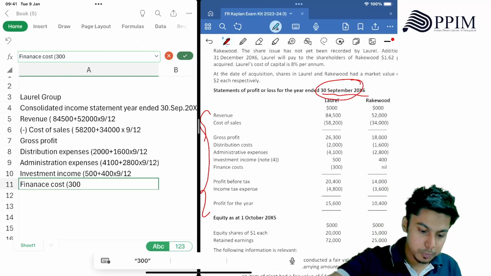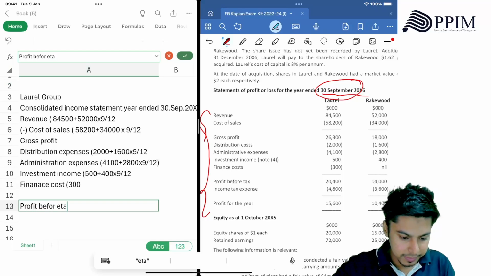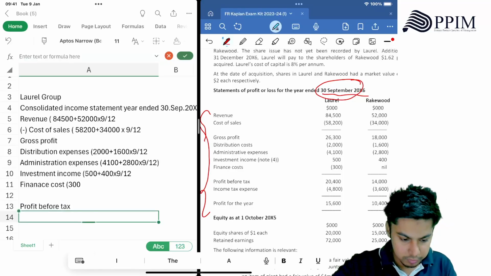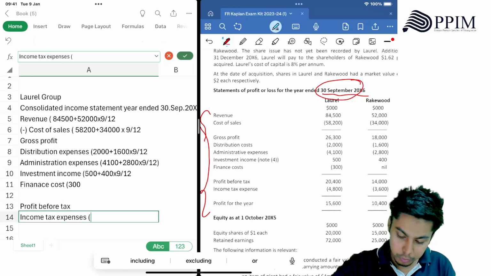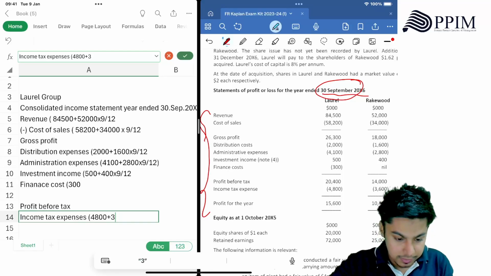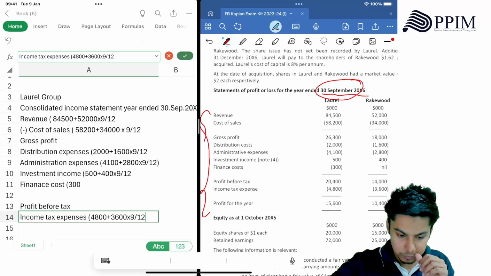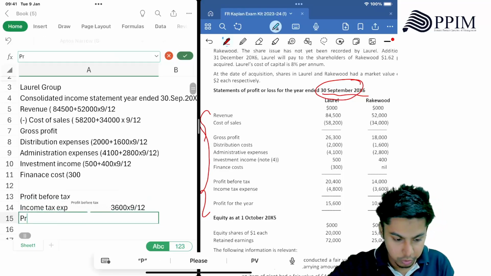That's it. Profit before tax, please don't copy. You have to calculate that in the exam. Next one, income tax. Mark that one: 4,800 plus 3,600 into 9 divided by 12. Profit for the year, please don't copy.